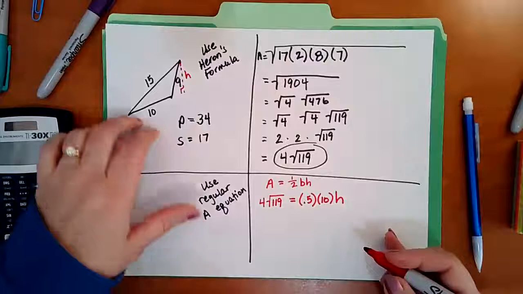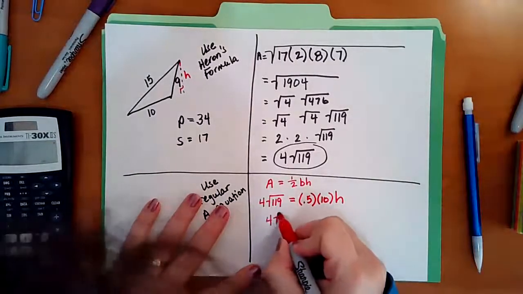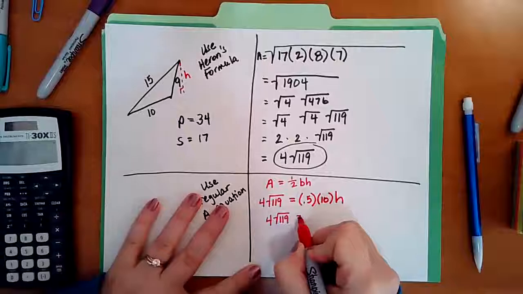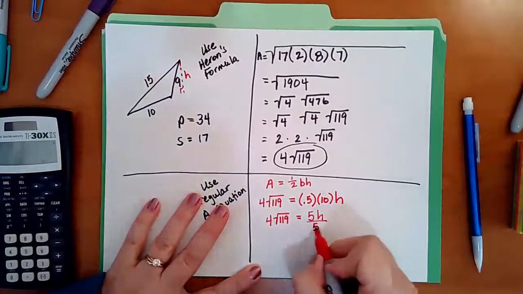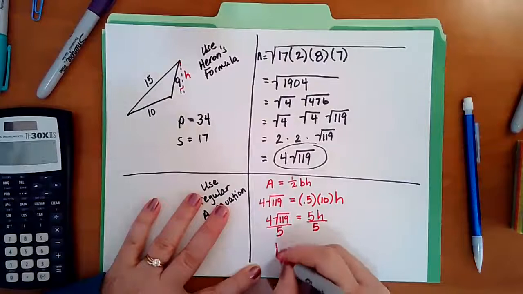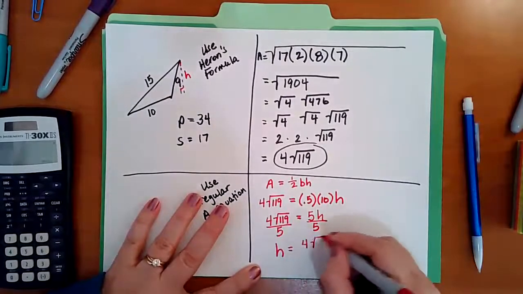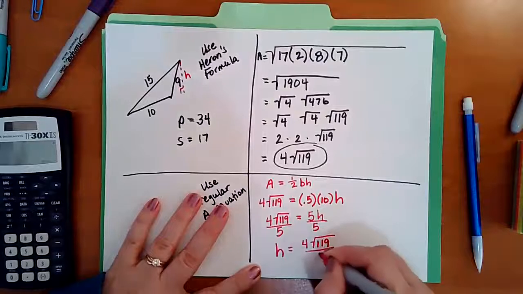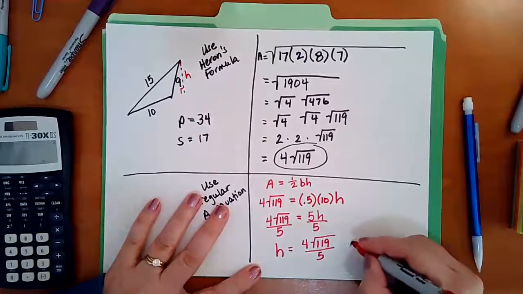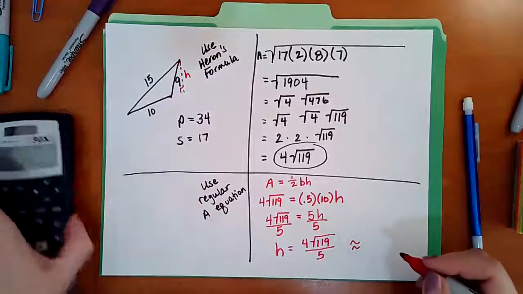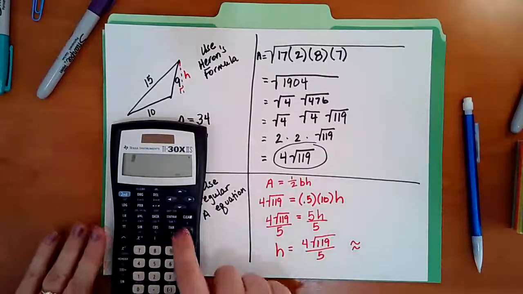So this right here is what we're trying to figure out, the height. It's not 9, it's something. Okay, so let's figure this out. This is 4 root 119 equals 5h. Divide both sides by 5. I get an even worse number, which is 4 root 119 over 5. That is my exact answer. But just so that we can satisfy ourselves, let's figure out what this is.